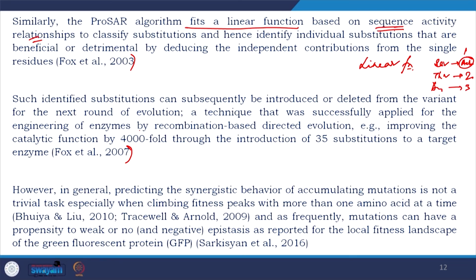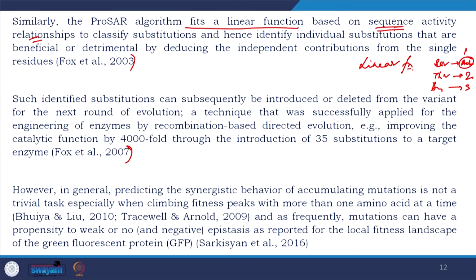So, though you are doing that, you are scoring that, they have their cumulative effect, they have their synergistic effect. When you change one, it might show one effect, but when you change 2, it might totally give a different effect, and it is not a trivial task also.